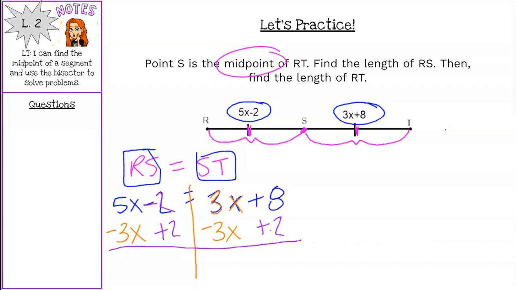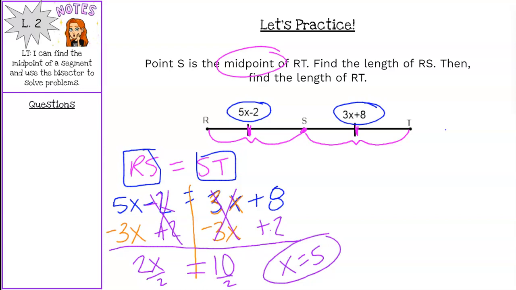Complete the operations. 5x minus 3x is 2x. Negative 2 plus 2 cancels out. 3x minus 3x cancels out. 8 plus 2 is 10. We have 2 times x equals 10. Divide both sides by 2 to get the x all by itself, and we get x equals 5.